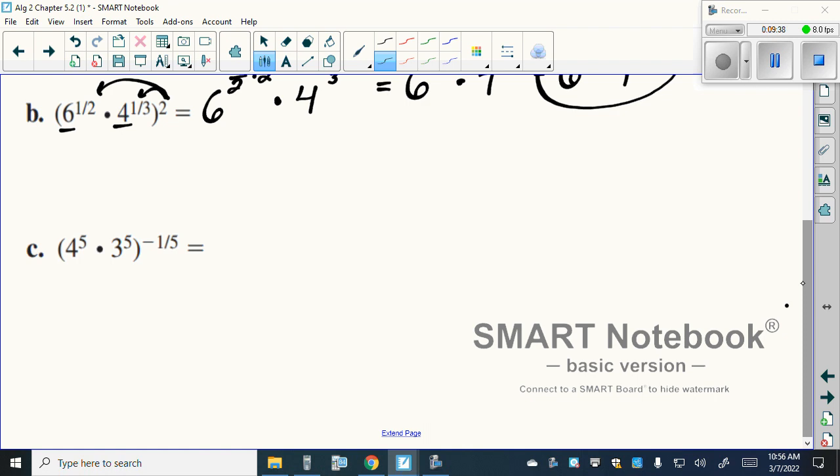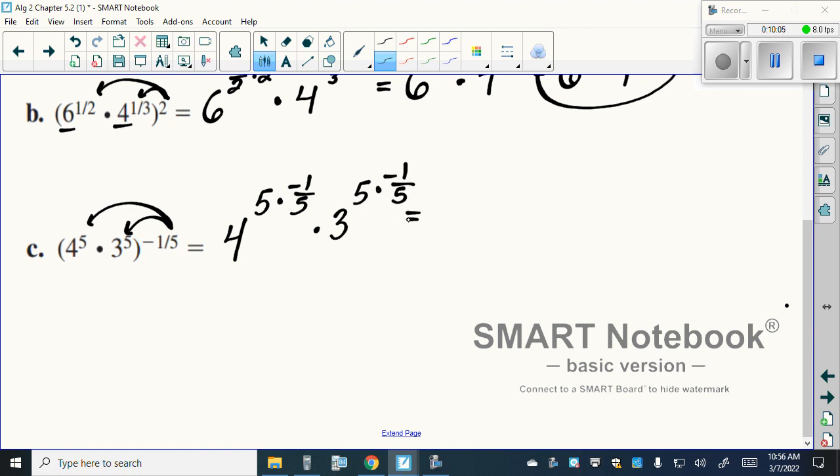Now we could apply the negative exponent property now or later, it really doesn't matter. If we went on and used our power of a product, we would be multiplying both of these by negative 1/5. So we'd have 4 to the 5th times negative 1/5, times 3 to the 5th times negative 1/5.